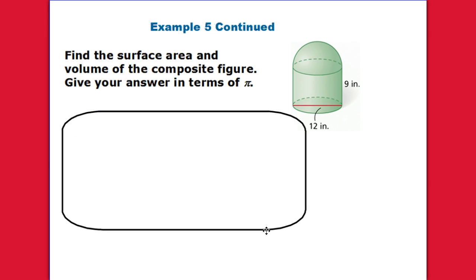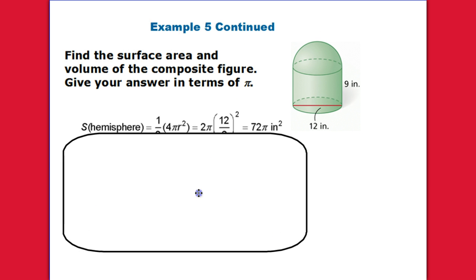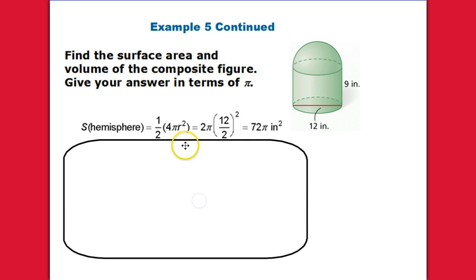So the hemisphere is half of 4 pi r squared, which means 2 circles instead of 4. And we can substitute our radius of 6 squared, and we have 72 pi inches squared.